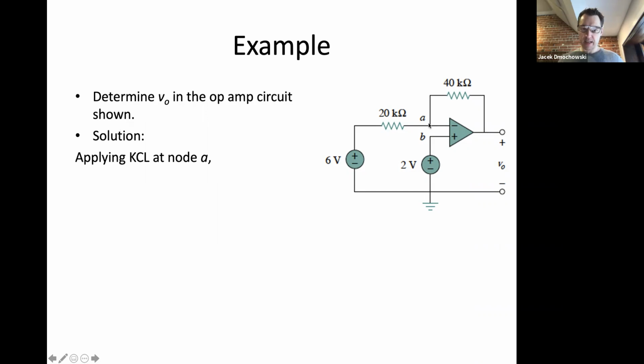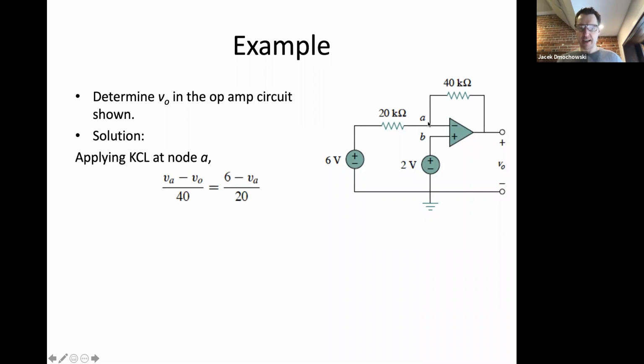So let's apply KCL at node A. First of all, what is the voltage at node B? 2. What is the voltage at node A? 2. Excellent. So what is the voltage difference across the 20 kilo ohm resistor? 4. Right, there's 4 volts. So the current from here to here is 6 minus 2 divided by 20 kilo ohm, 6 minus VA over 20.